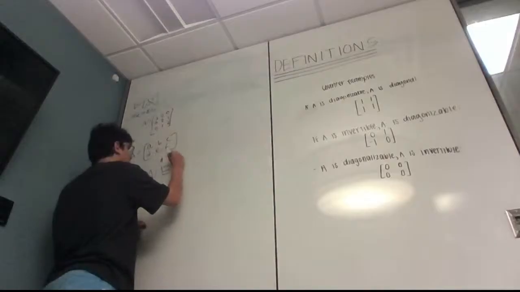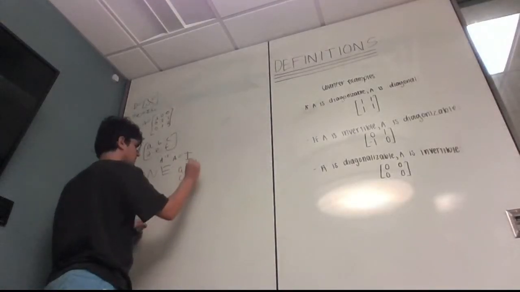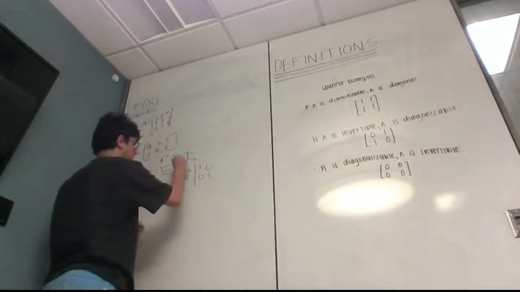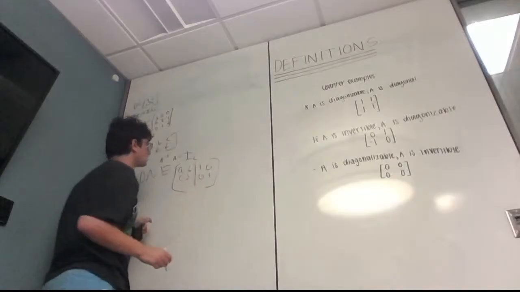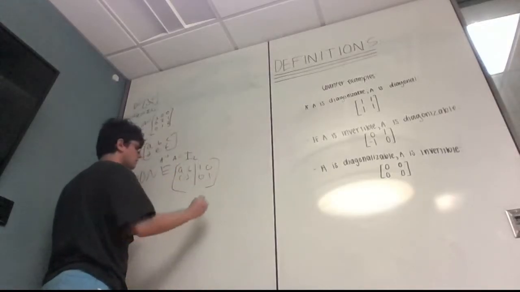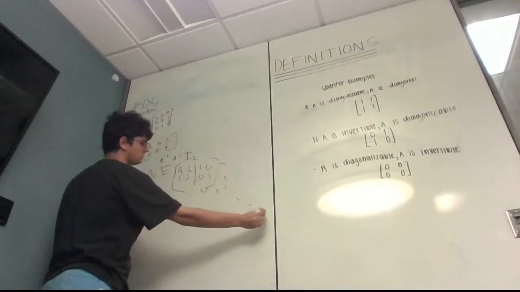In order to find the inverse, you have to set A equal to the identity, and the identity is a square matrix as well. It's this in 2 by 2. It's this in 3 by 3, and so on.